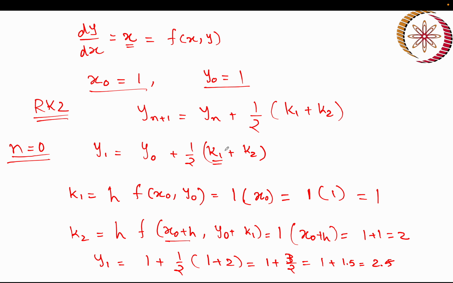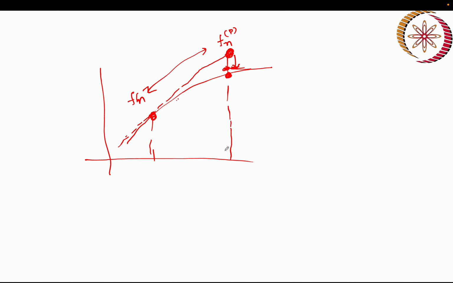So k1 is based on the slope at this location, and then k2 is based on the slope at this location. If we take the average slope of these two values, which is fn and fn predicted, that will give a better approximation. This is the average slope.